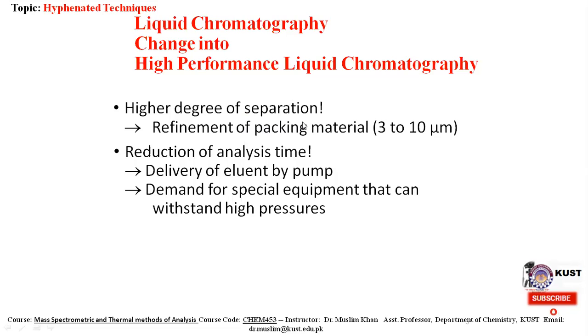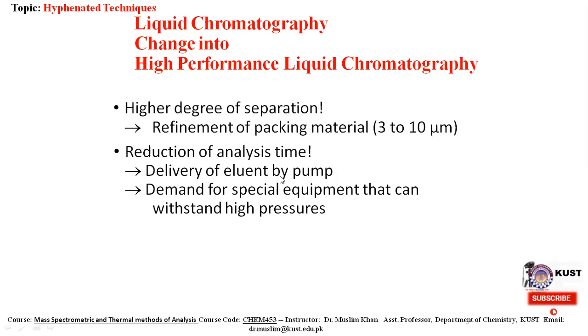But when the packing material is refined, it is very difficult to pass the mobile phase through this column, which has a very small packing material size. For that, you need a high pressure pump, which can pump the mobile phase.